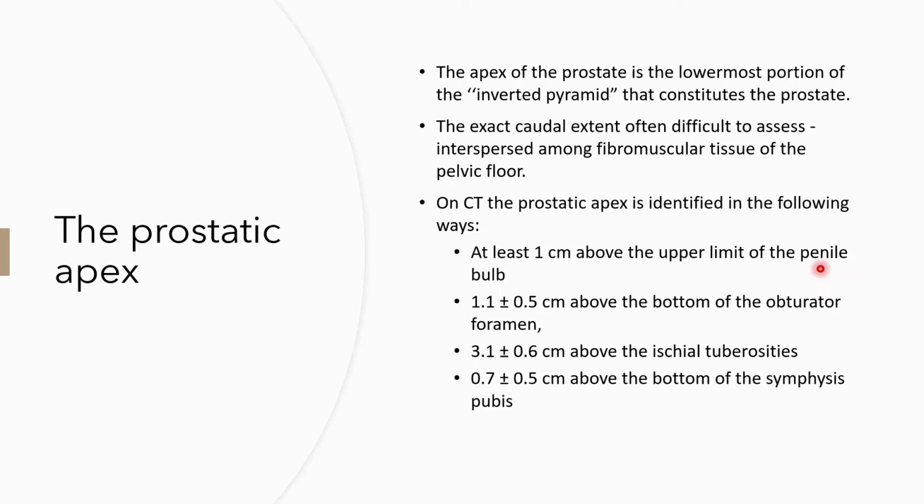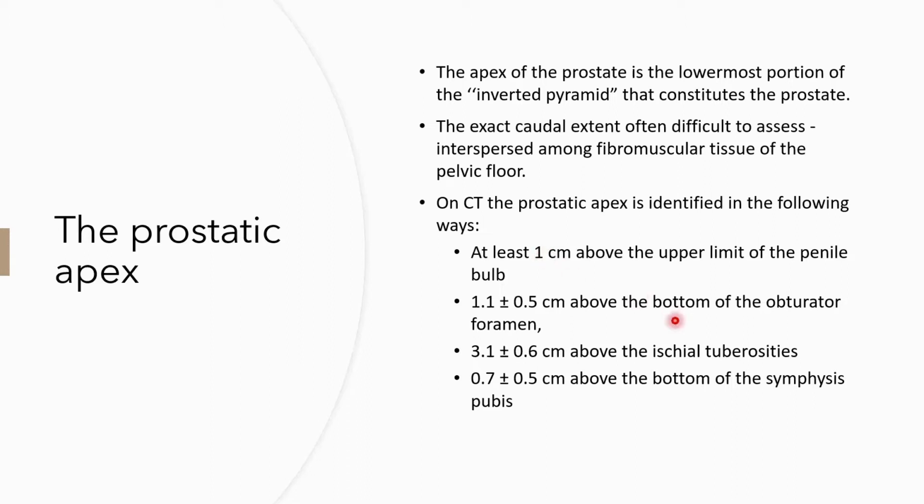Now, generally, it has been shown from numerous MRI studies that the prostatic apex is usually about 1.3 centimeters above the penile bulb. Therefore, if we contour from 1 centimeter above the penile bulb, we can be confident that we have covered the prostatic apex.